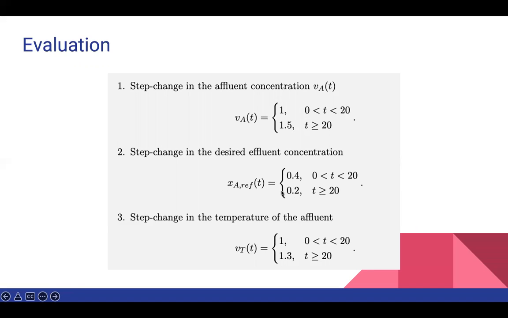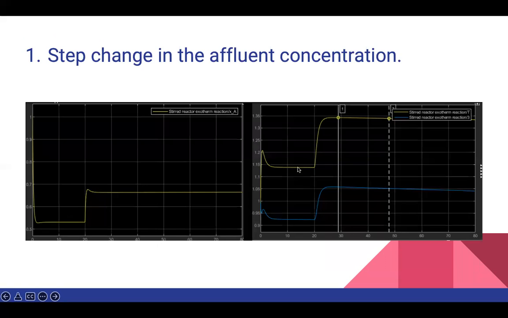We change the step in the effluent first. Our step time was 20, our initial value was 1, and our final value 1.5. We obtain this response for the output variables, and the system behaves well and reaches equilibrium, as we can see here.